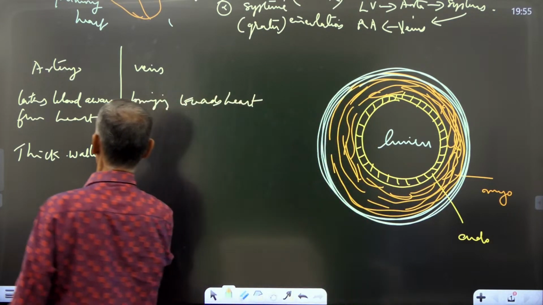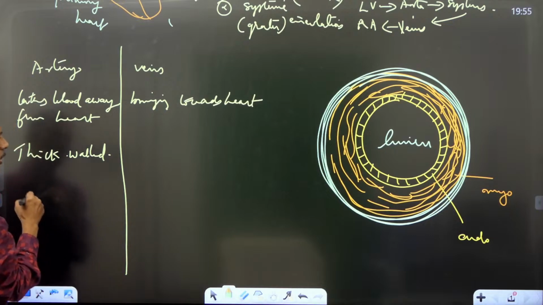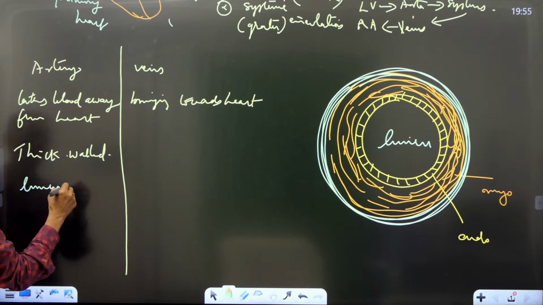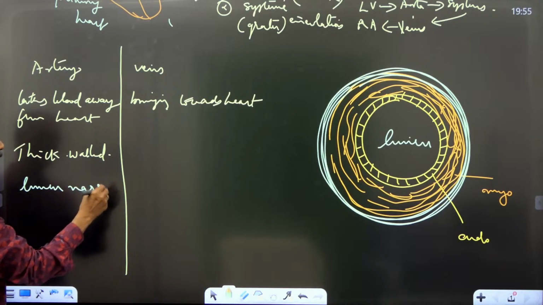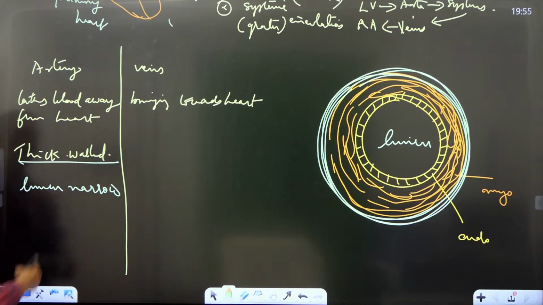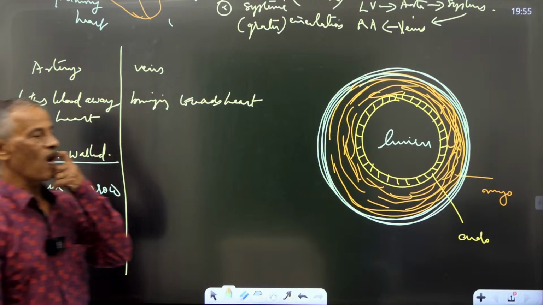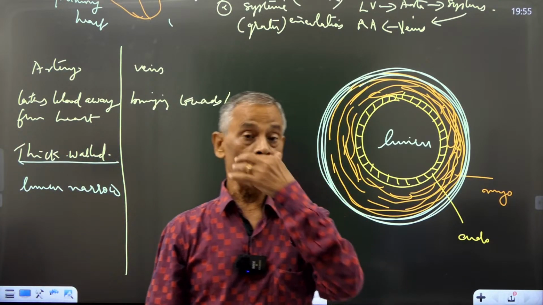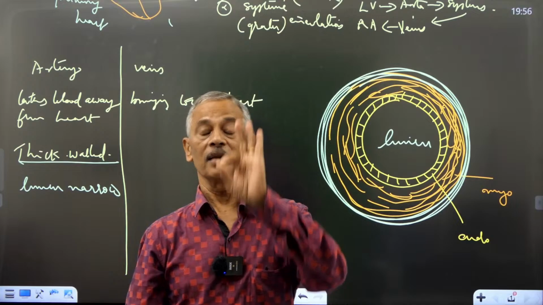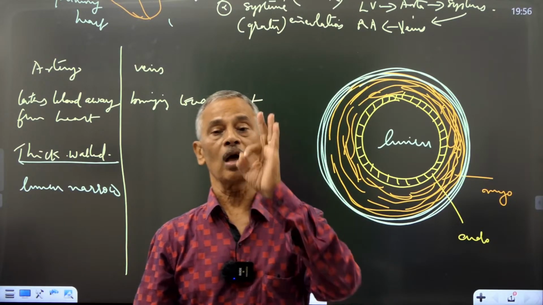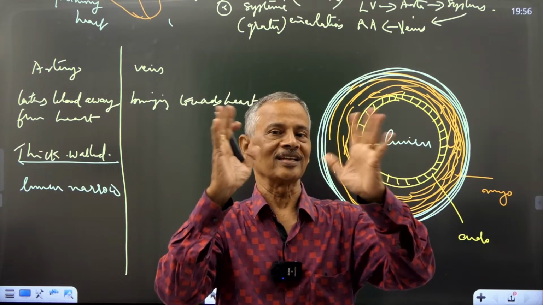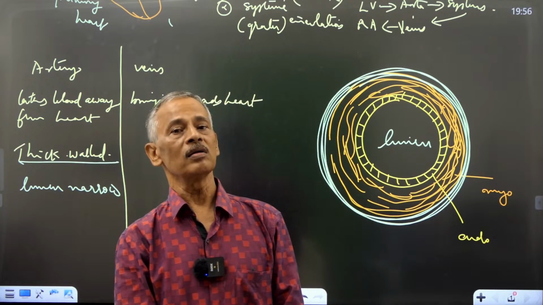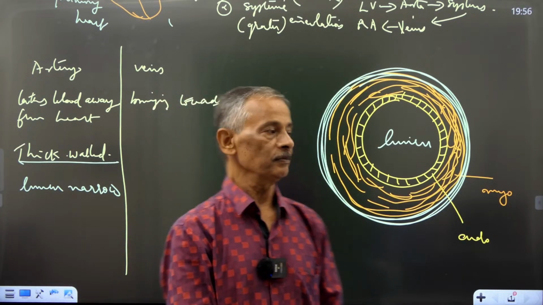Now what I want to tell you is that in an artery the lumen is narrow. Narrow lumen. Why? Because you are having a very thick wall. Why are they having a thick wall? Because the middle smooth muscular layer is very thick. That's why arteries are having a thick wall and narrow lumen.